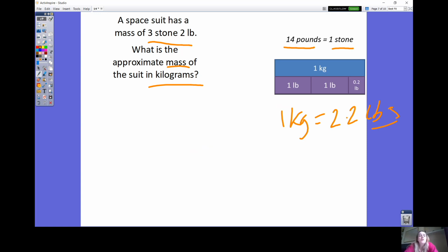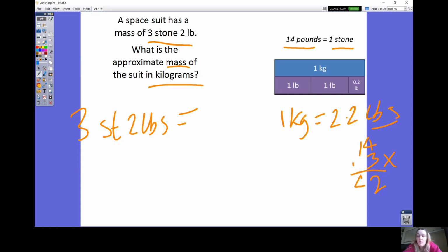So to work out what 3 stone 2 pounds is in kilograms, I'm first of all going to have to convert 3 stone and 2 pounds into pounds. So 3 stone 2 pounds in pounds. If it says here 14 pounds in 1 stone, I'm going to do 14 multiplied by 3 to work out what 3 stone is in pounds. 4 times 3 is 12, write 2, regroup 1. 3 multiplied by 1 is 3, add 1 is 4.